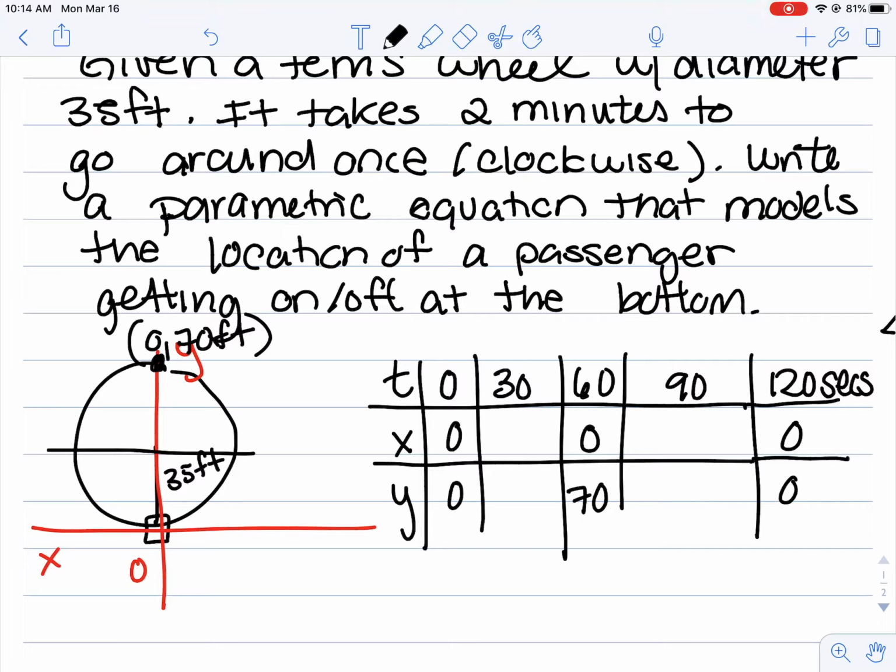And then a quarter of the way, at 30 seconds, if I'm going around clockwise, I'm over here at negative 35, 35. And then 90 seconds in, 3/4 of the way, I'm at 35, 35.